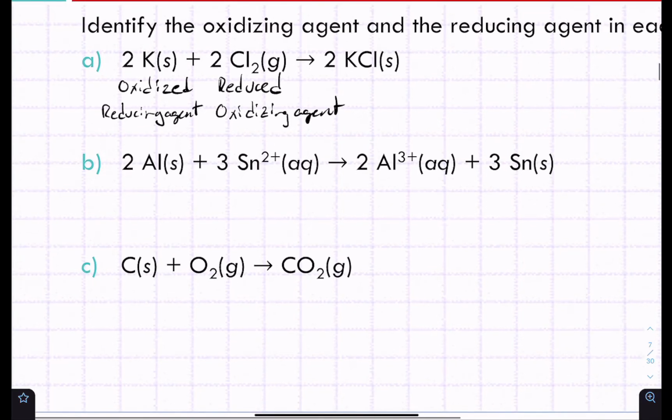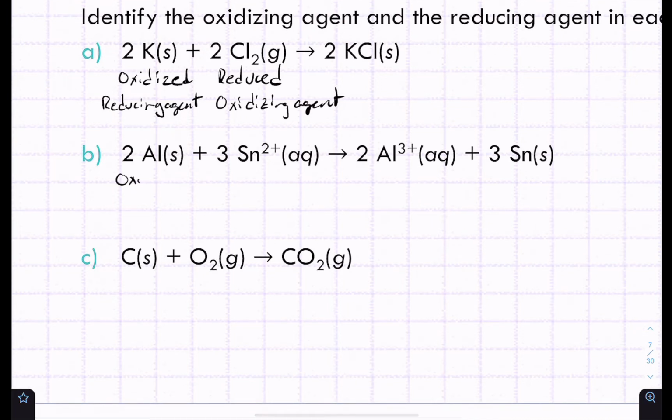Okay. How about for this next one? Again, what's being oxidized? Aluminum. And then so, again, oxidation and reduction always have to occur together. So if we only have two things reacting, one of them we know is being oxidized, the other one has to be reduced.